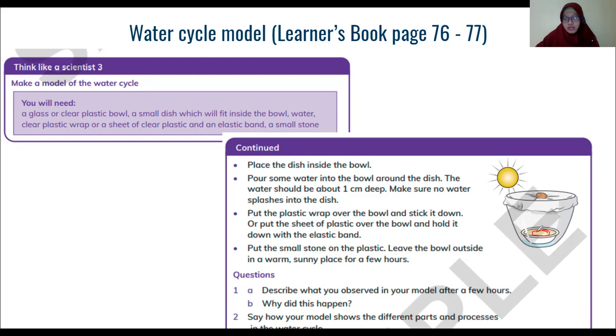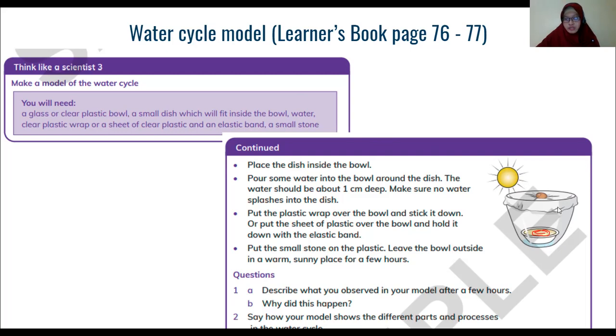At first the small bowl is empty, and then some days after, you are going to find drops of water inside the small bowl. It is because the water in the big bowl is evaporated because of the heat and light, because it is exposed to heat and light from the sun.